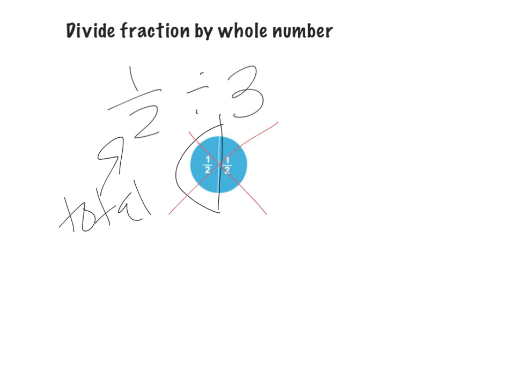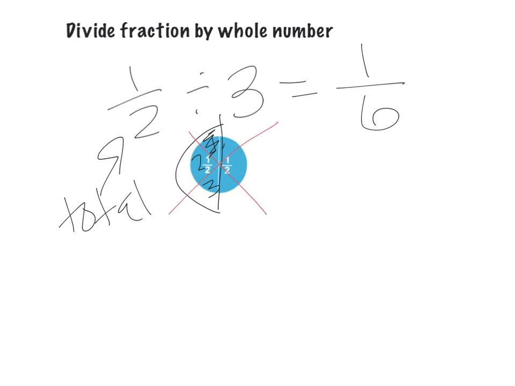Okay, so when we look, we have 1, 2, 3 pieces, but we still have to keep in mind what the whole actually looks like. So when we look at this one piece right here, we can see that we really have 6 pieces out of that whole, and this one shaded in spot is 1 out of those 6 pieces.